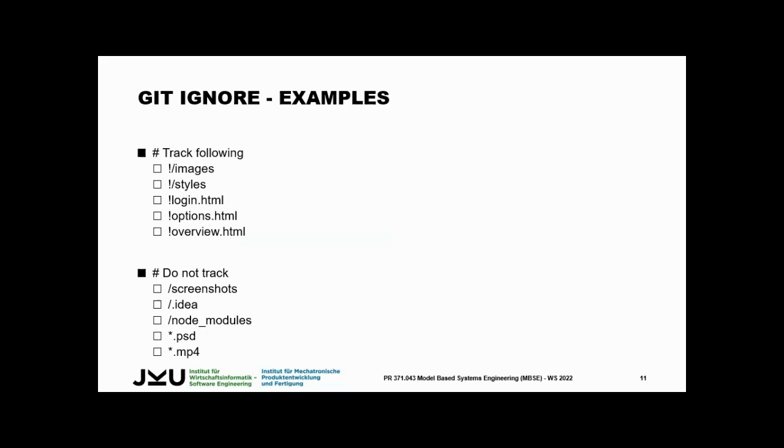Then you don't want to push them to the repository, because it depends on your machine. Therefore you can use the git ignore file where you say what you do not want to track. For example, here it's shown I do not want to add everything in the directory images, just as an information.